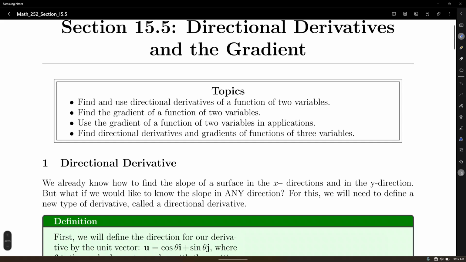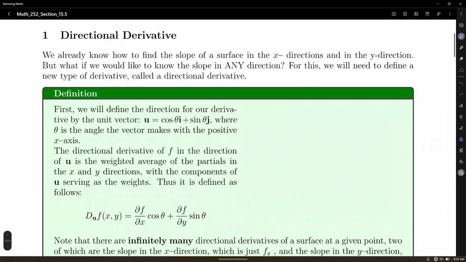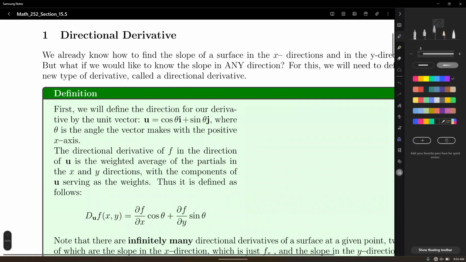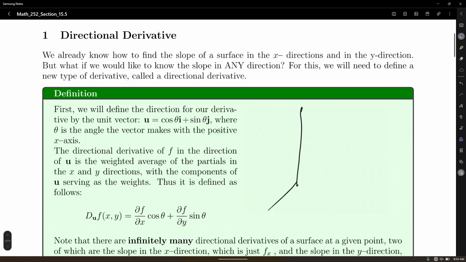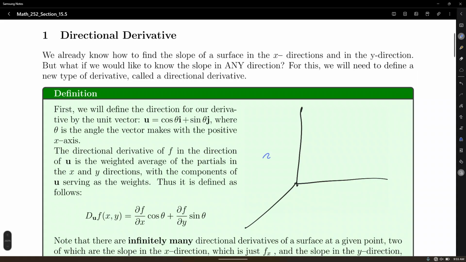So here's the thing: a diagram. For this diagram, suppose you have this surface. That's going to be a bit hard to plot.